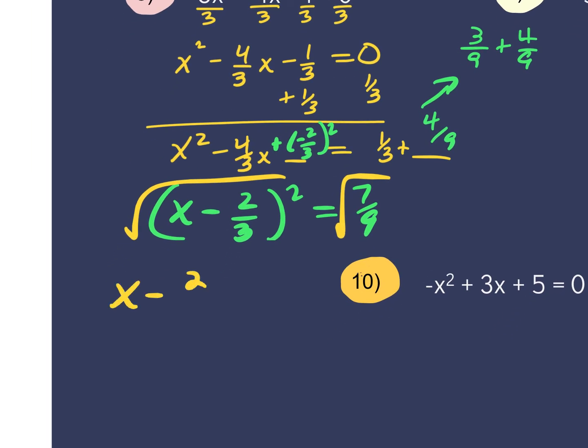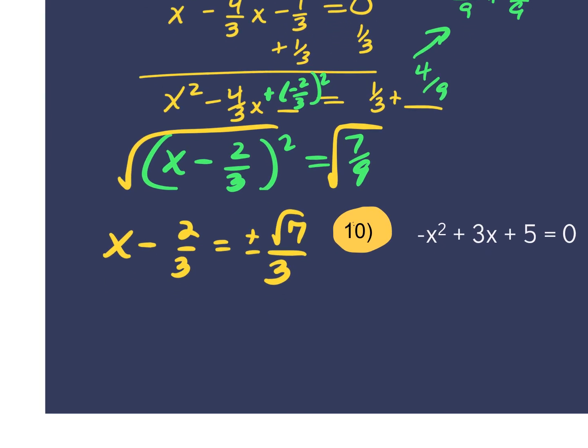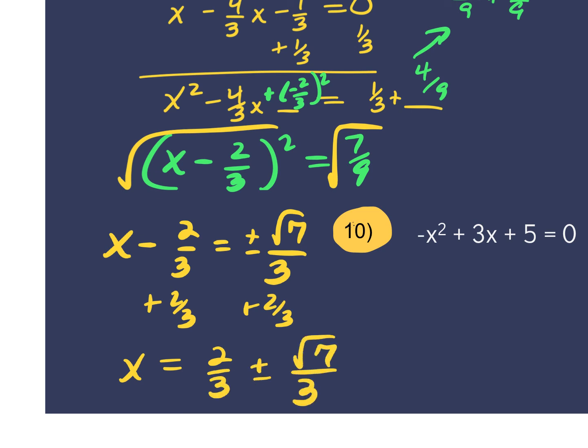X minus 2/3 equals plus or minus the square root of 7 over 3. Add the 2/3. X is equal to 2/3 plus or minus the square root of 7 over 3.